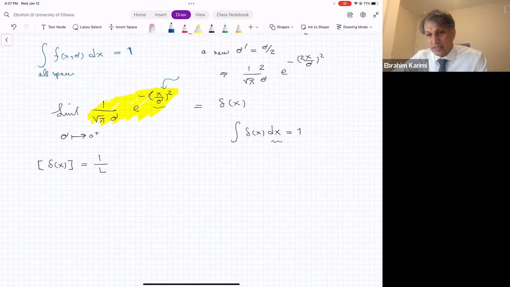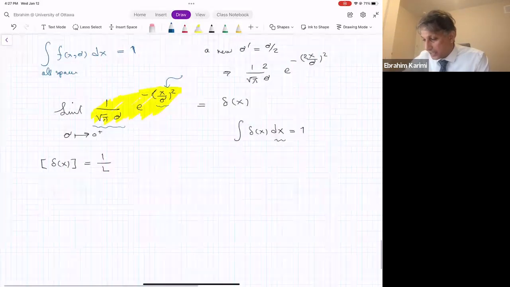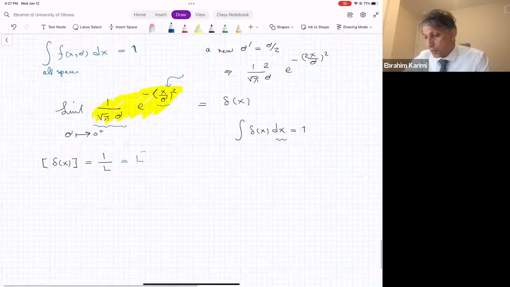So what does it mean? Sigma should have a dimension of length, right? When sigma has a dimension of length, then it will be length divided by length, that will be 1. Then what happens with the coefficient? It will be 1 divided by length. That's the reason that the delta function has length power of minus 1 as the dimension.